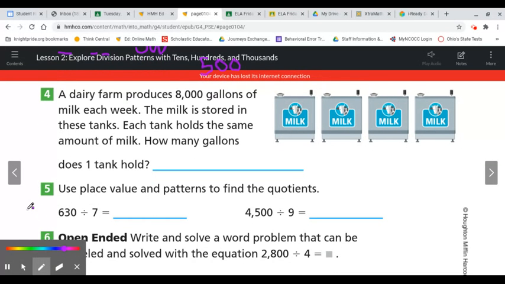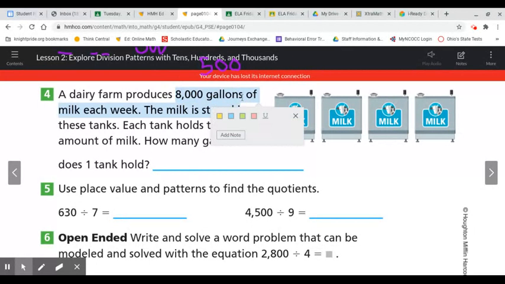A dairy farm produces 8,000 gallons of milk each week. The milk is stored in these tanks. Each tank holds the same amount of milk. How many gallons does one tank hold? Well, if we have 8,000, I'm going to highlight my 8,000 gallons.